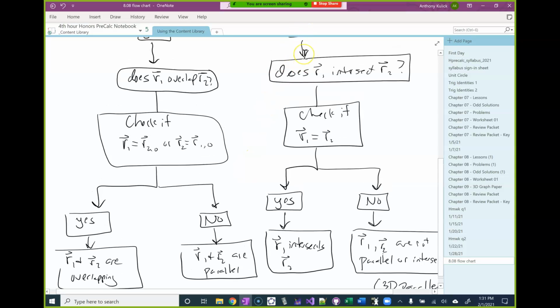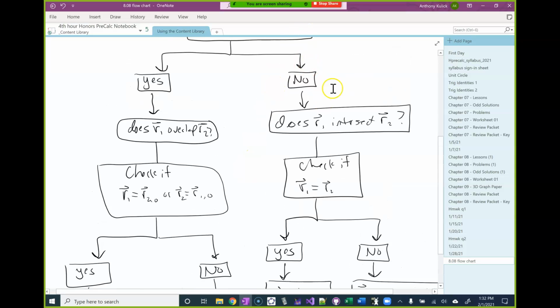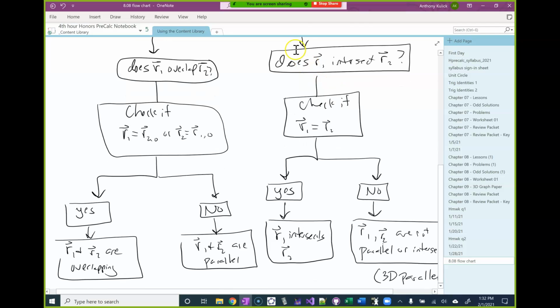And if we went down the other branch, so no, they weren't parallel, we want to know, does R1 intersect R2? And to do that, we do just like what we did in 2 dimensions. We set the 2 equations equal to each other and see if we can find values of s and t that satisfy that system.